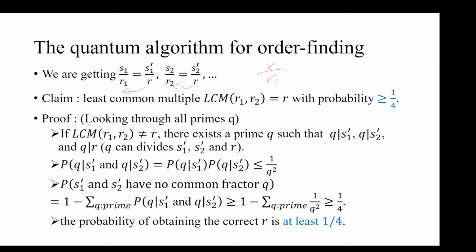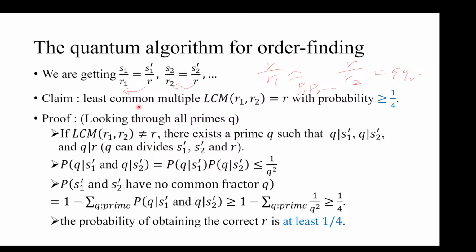So R divided by R1 must be some integer, and R divided by R2 must be some integer, and this thing is composed of some primes, P1, P2, and this is maybe Q1, Q2. We think about R getting divided by some prime to become R1, and R getting divided by some prime to become R2. And if those two sets don't intersect, then the least common multiplier of R1 and R2 will just go back to R.